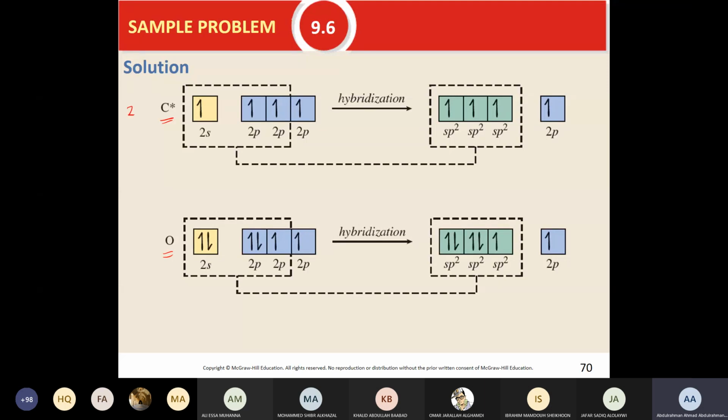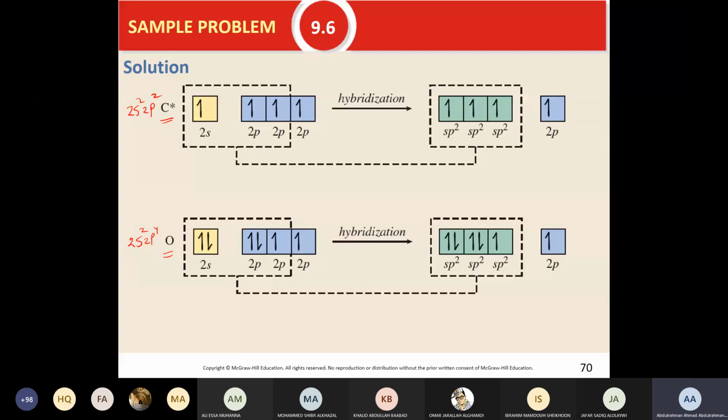The valence of oxygen is 2s2 2p4, and that's how the electrons are distributed in oxygen. Because they're both sp2, only 3 electrons come here, and 1 will be left for p. And here we have 5 electrons.